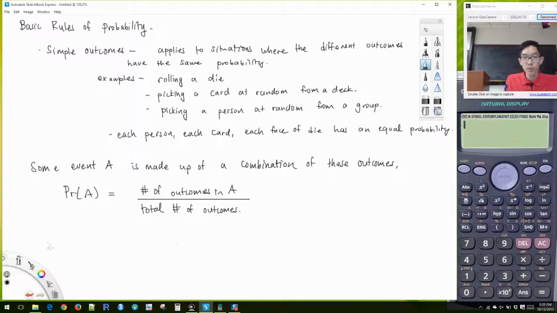So for example, let's say we want to know the probability of picking a face card from a standard 52 card deck.